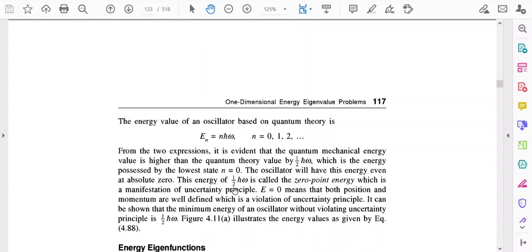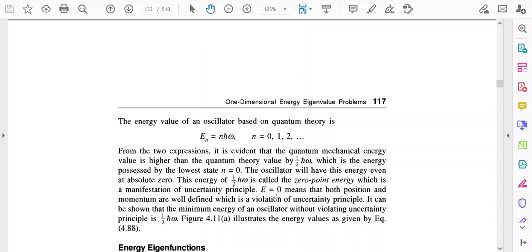The lowest value half h cut omega is the zero point energy, and this zero point energy is a manifestation of the uncertainty principle, because E equal to 0 means that both position and momentum are well defined, which is a violation of the uncertainty principle. We have to understand this idea very clearly, because in old quantum theory E is equal to 0.